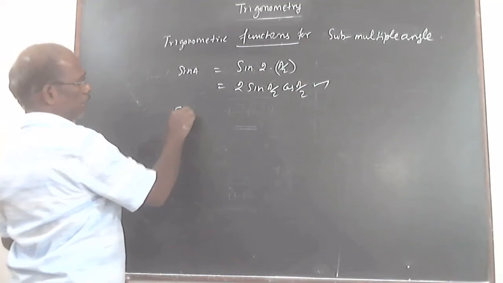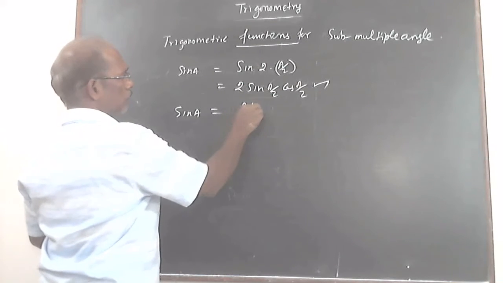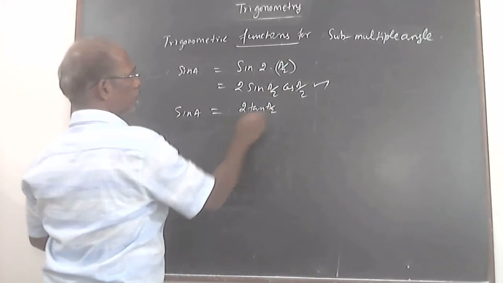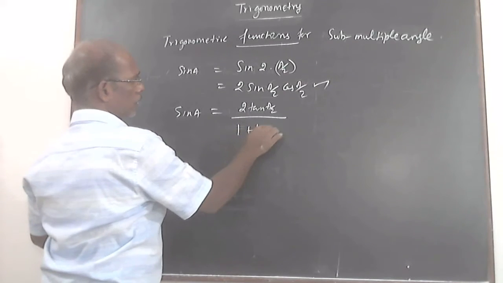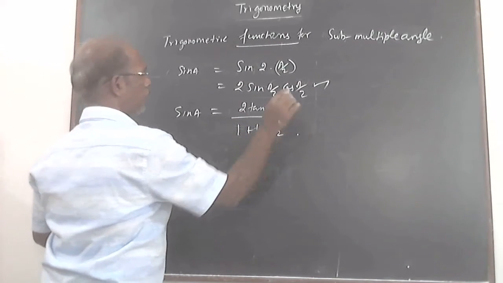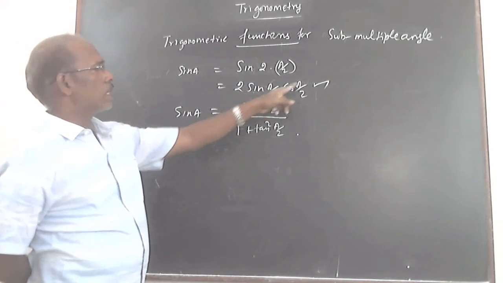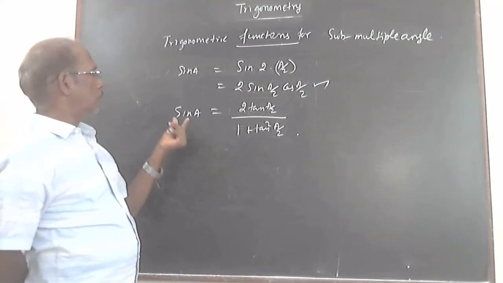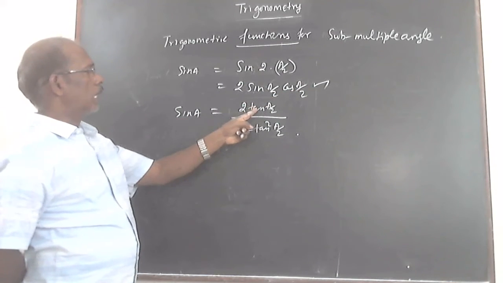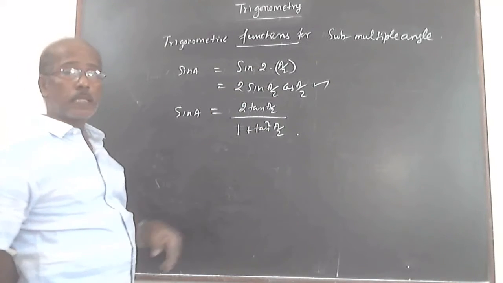Another identity, in terms of tan: sine A is 2 tan A by 2 divided by 1 plus tan square A by 2. Copy it.